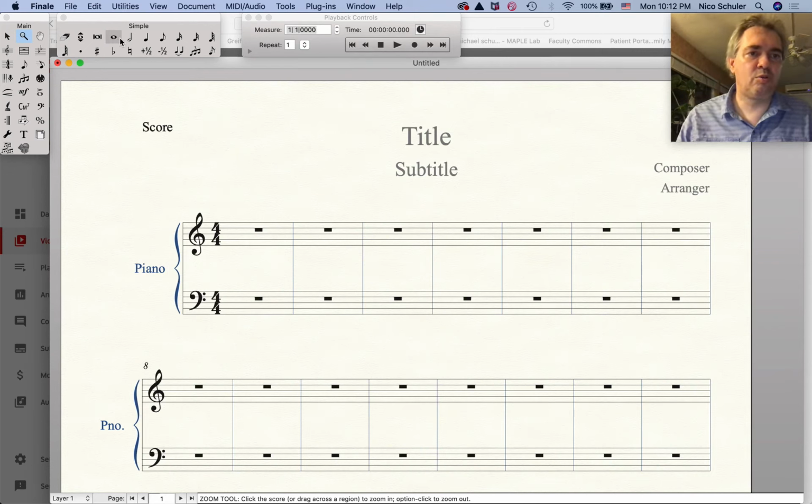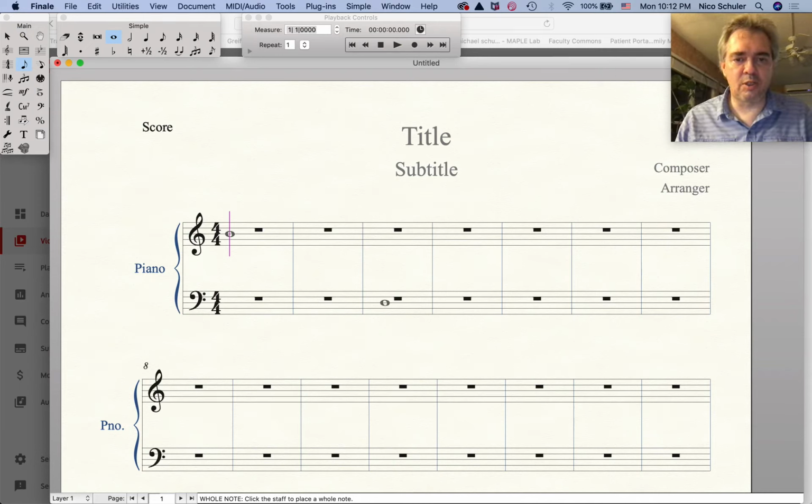Let's say we're in a piece of music, toward the end of a phrase or maybe the end of the piece in general.